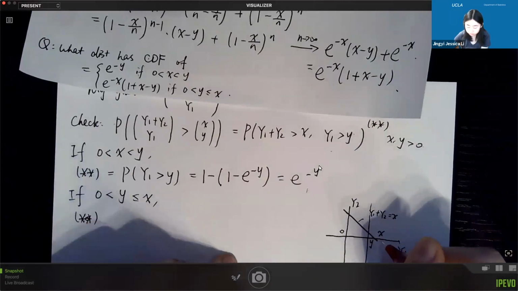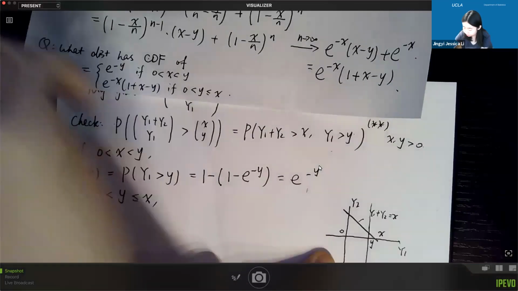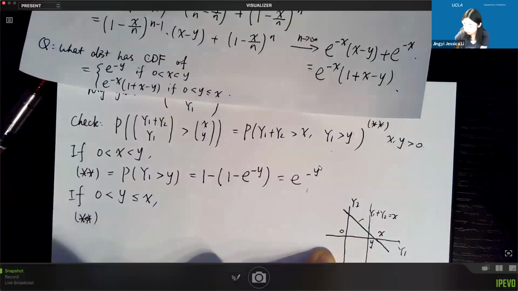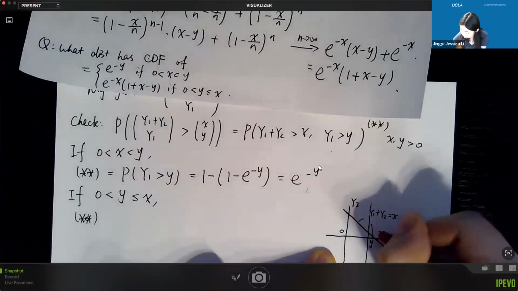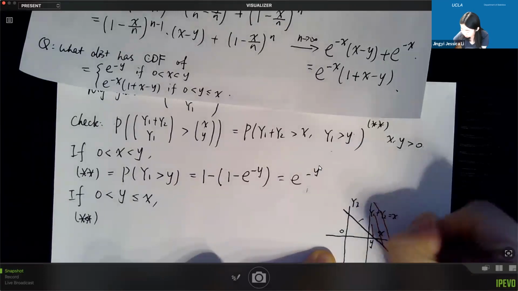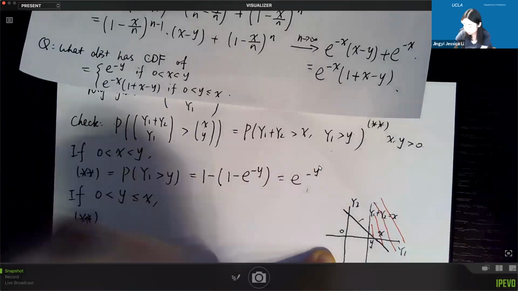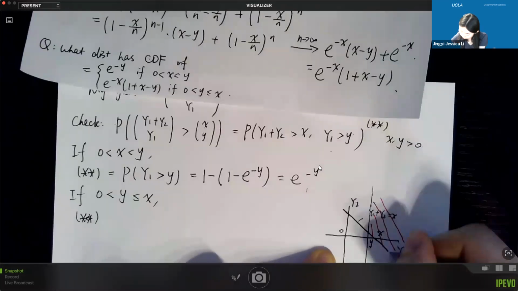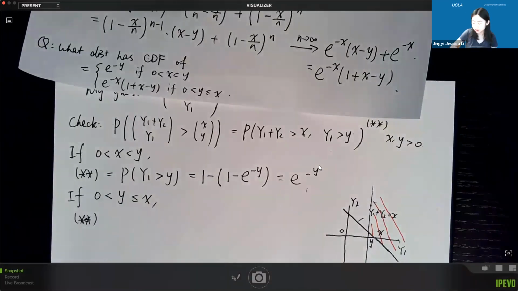Maybe I should draw this horizontal line a little lower. So the area I'm interested in would be this area. It's defined by the vertical line and the diagonal line. So I'm going to do integration in that area based on the fact that y1 and y2 are independent. How should I do the integration?